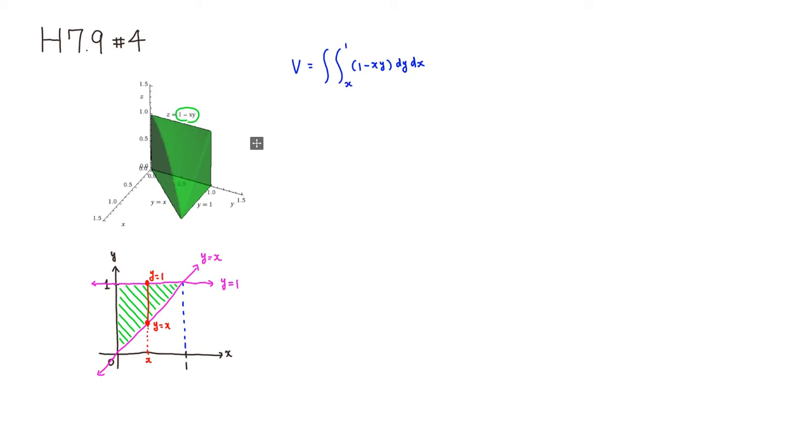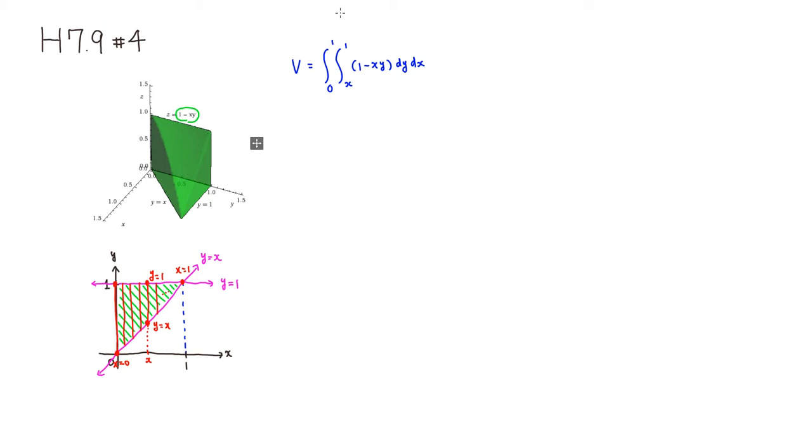Then x starts from x equals 0, and you keep increasing the x value to sweep the entire triangular region, all the way up to x equals 1. So x is going to go from 0 to 1.